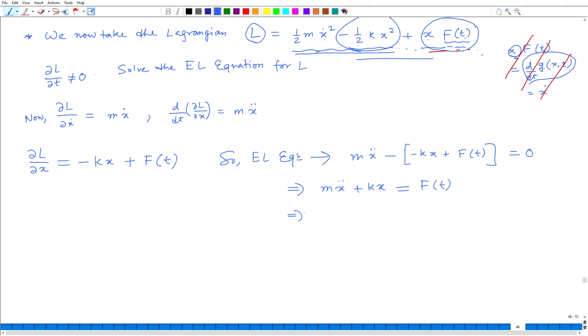I can again divide the whole thing by m.